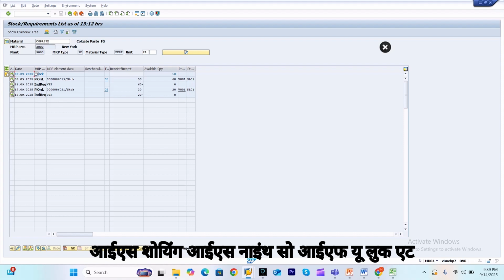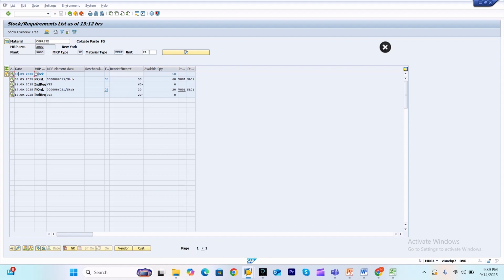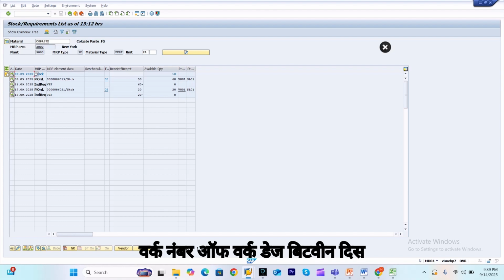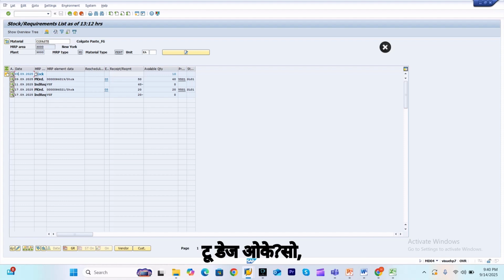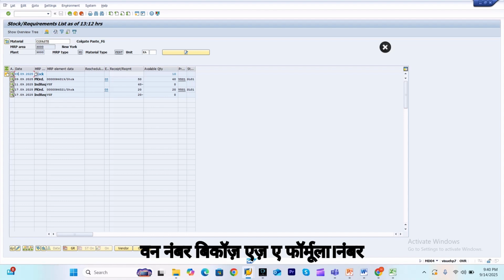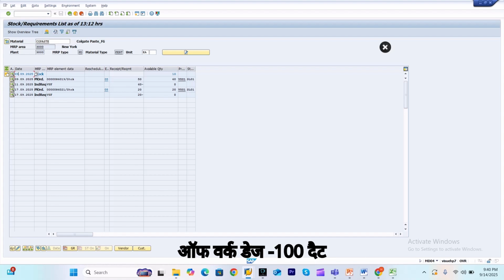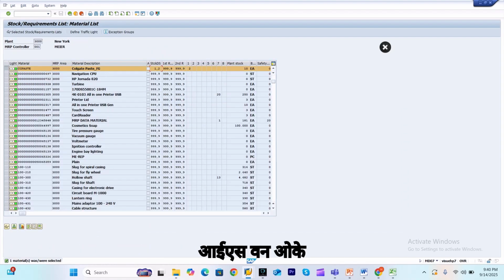The number of work days between the first requirement date, the 11th of September, and the 9th of September is 2 days. Now 2 days minus 1, as per the formula of number of work days minus 1, is 1.